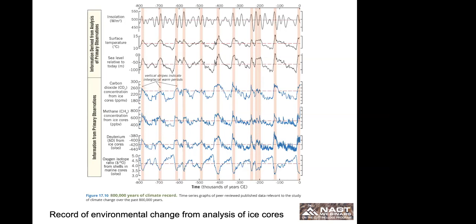Each of those curves was produced by a mathematical code that I wrote to convert the original digital data sets into time series curves. These are real data. The vertical pink strips indicate interglacial warm periods.